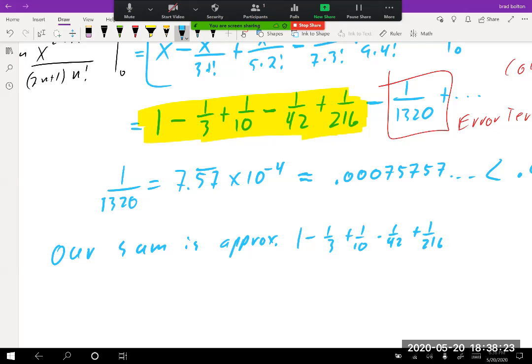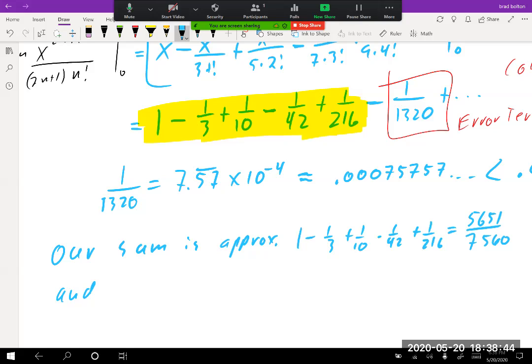Okay, so I get a really ugly fraction. I'll write it as a fraction just to give it a little bit of exactness. 5651 divided by 7560.